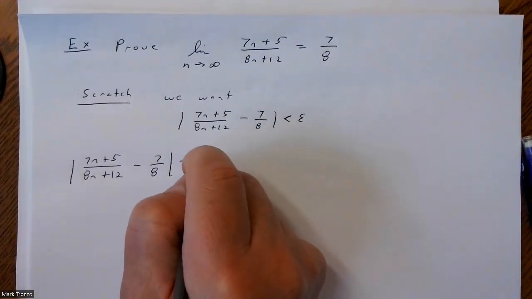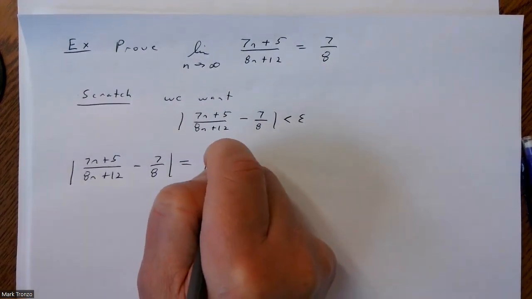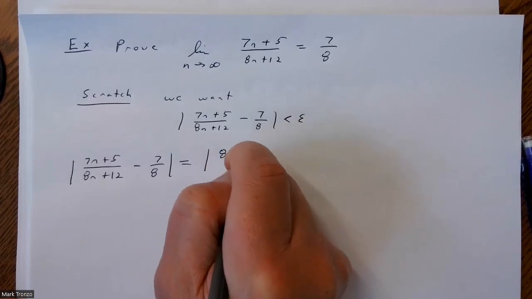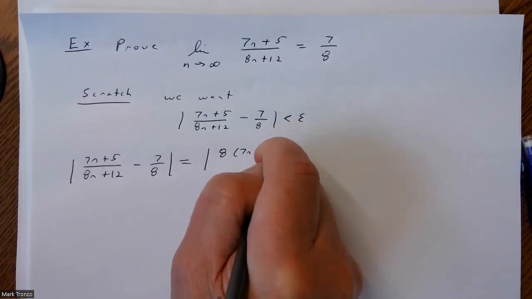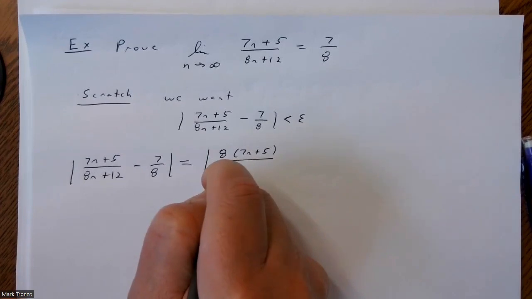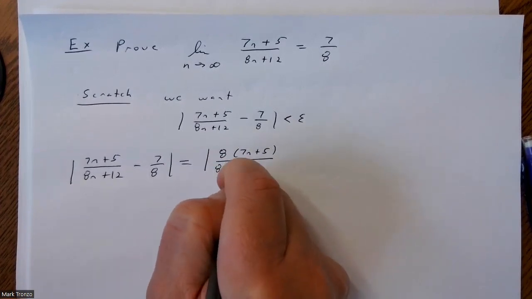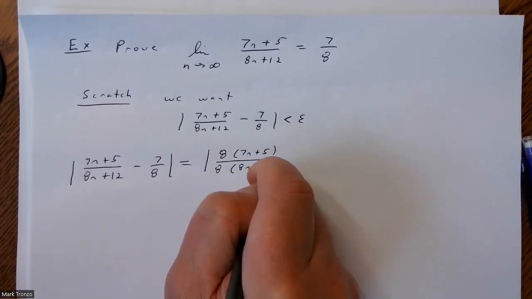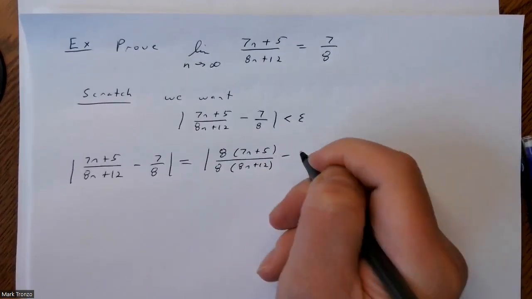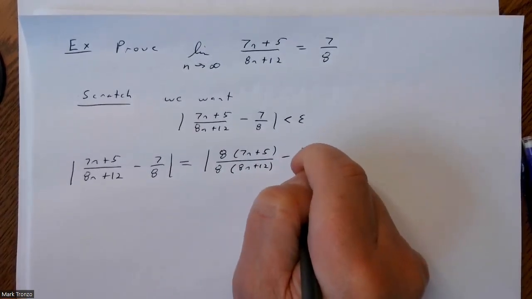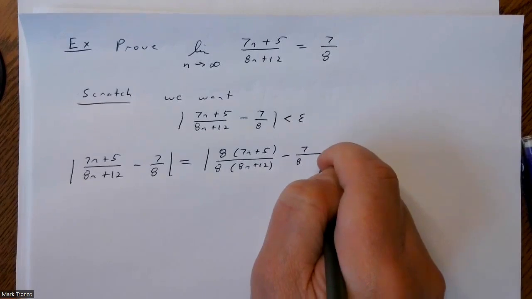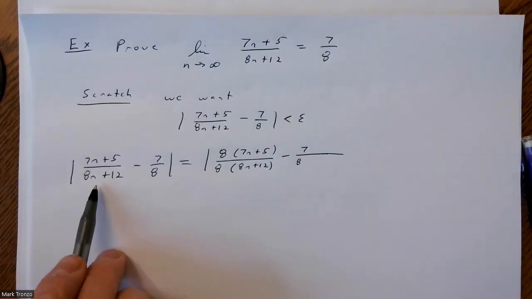If we multiply the left fraction by 8 over 8, minus, and then multiply the second fraction by this first denominator.